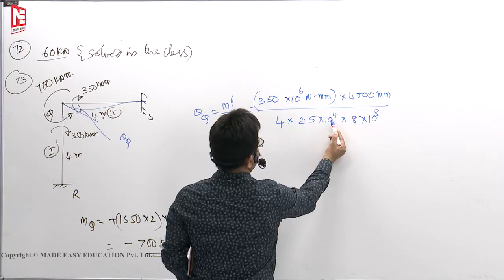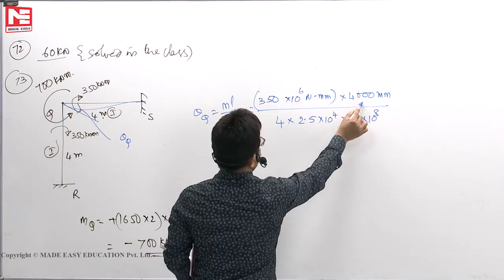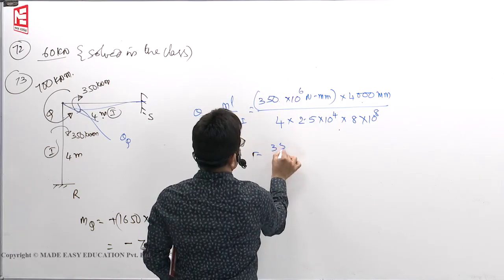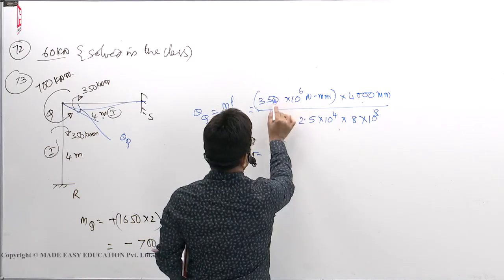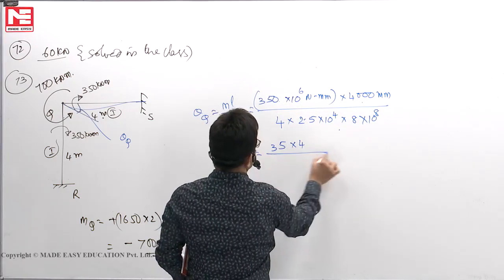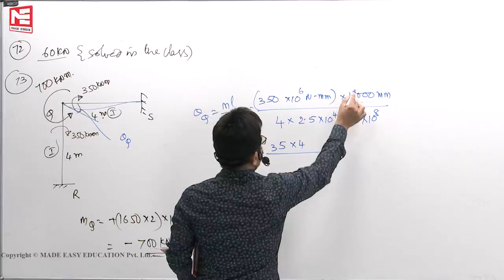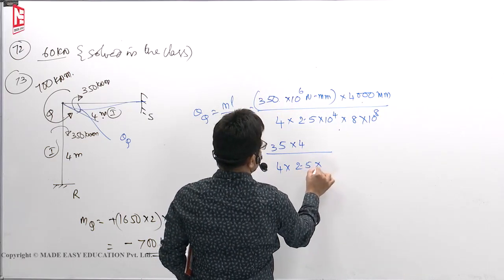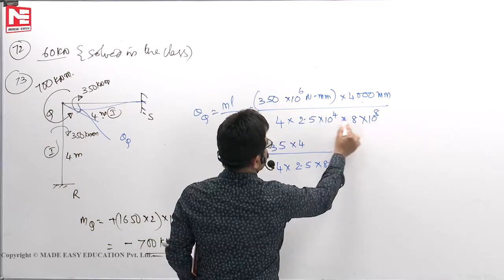So for 12 zeros here, 6, 3, 9, 10. 2 zeros extra are there. So we will write 35 into 10 to the power of 7, 3 into 10 is over. 35 into 4. 4 and 4 cancel, we will cancel it out later. Here 22.5 into 8, 12, right?